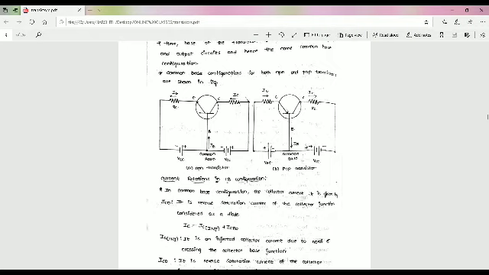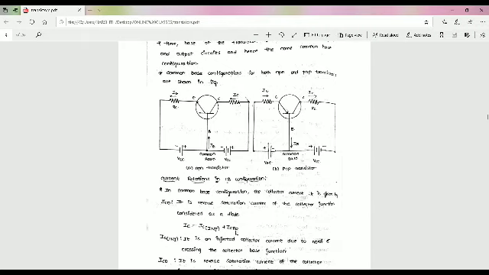So IC equal to IC injected plus ICBO. In the last class we saw the current components. In these current components, IC equal to IC injected plus ICBO. IC injected means forward bias and ICBO is the reverse biasing current.